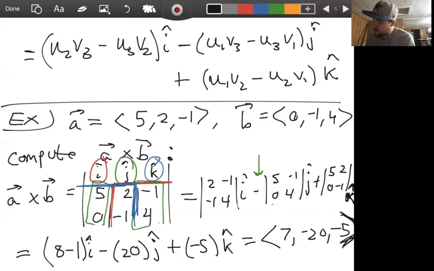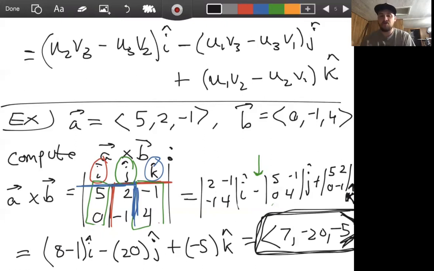And so this is how we compute our cross product now. You can see it's a lot more smooth to just plug it into a 3x3 matrix, calculate the determinant, and then the resulting vector is your cross product.